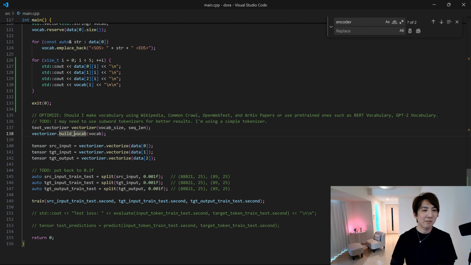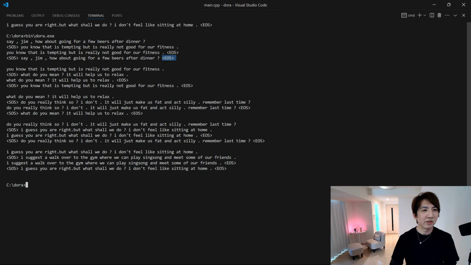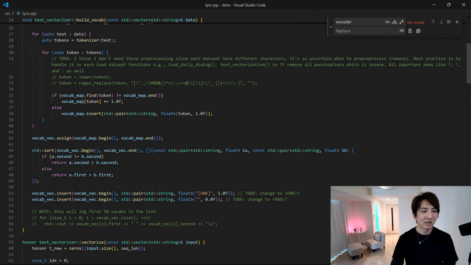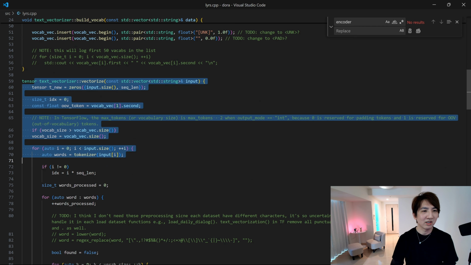After I made a vocabulary, I vectorize, or transform, these sentences into unique IDs using this vectorize function, which is this one.